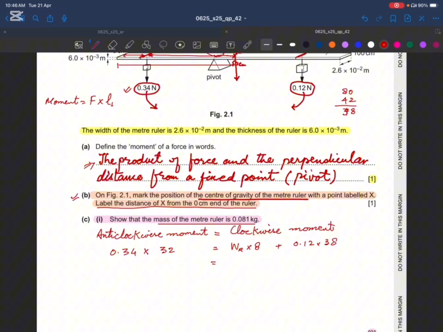What is the result over here? You are calculating the weight, so be careful. This is not giving you the mass. This is giving you the weight. I am just writing the value directly.